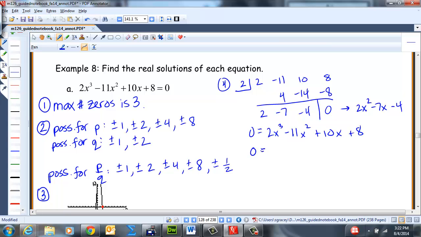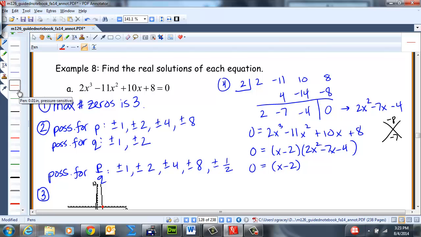So 0 equals x minus 2 times 2x squared minus 7x minus 4. And then I'm looking to see if I can factor this other guy. So overall product is negative 8. They need to combine to be negative 7. The two numbers that make that happen are negative 8 and positive 1.